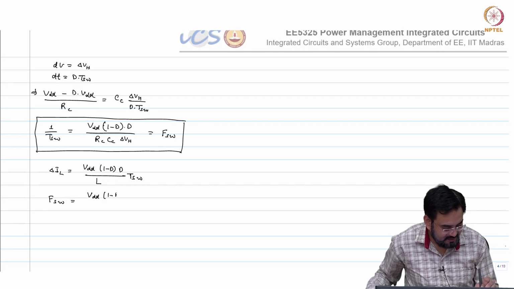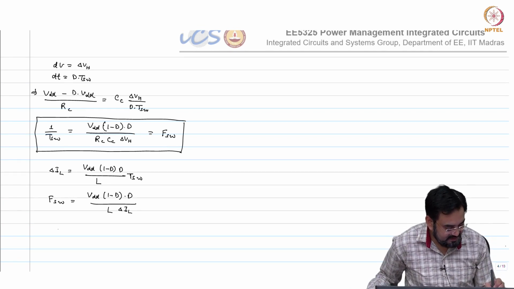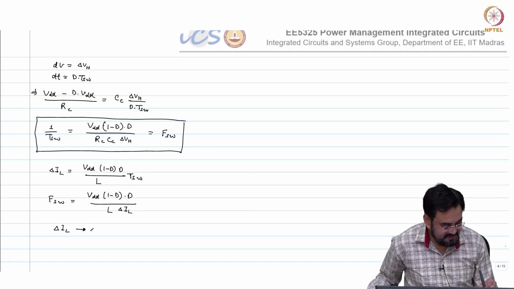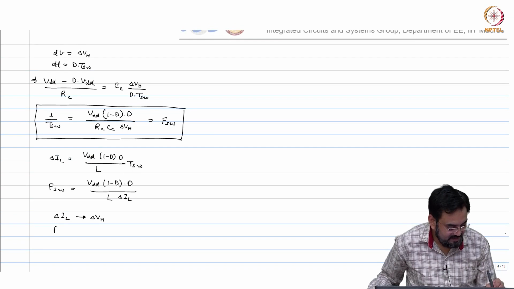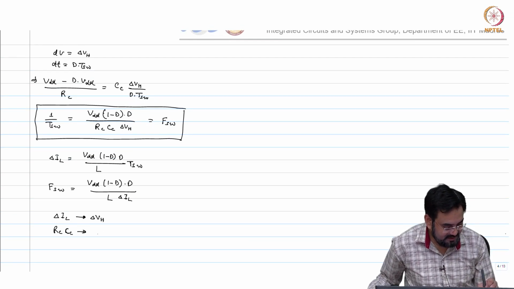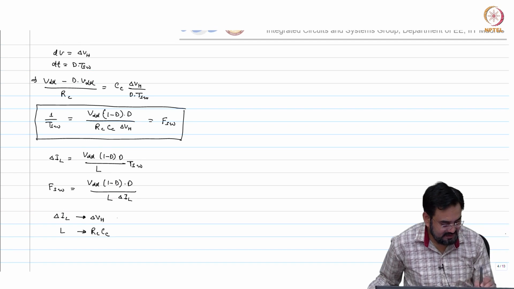VDD 1 minus D into D over L delta IL, which means delta IL is replaced with delta VH, and L is represented by RC Cc.